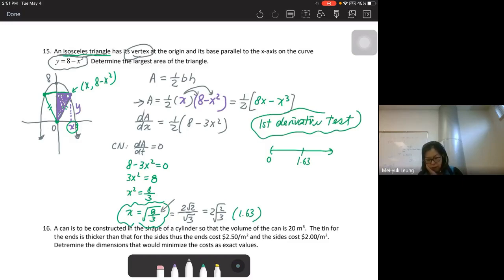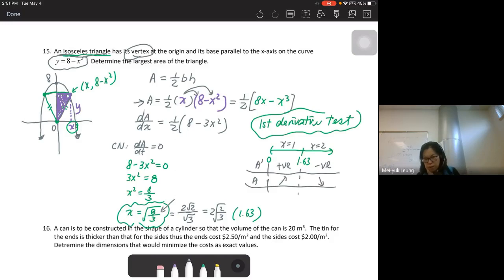So let's say the x value is 1 and then x equals 2 as test points, and we are trying to test the sign of A prime or dA dx. Okay, so when you actually calculate these numbers, you would expect to get A prime positive and then negative. So that means A is increasing and then decreasing.